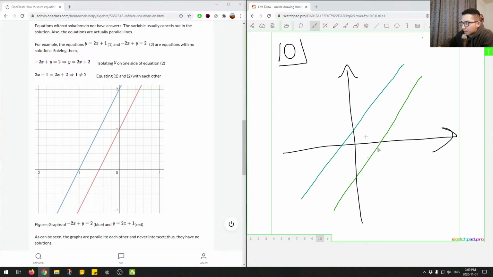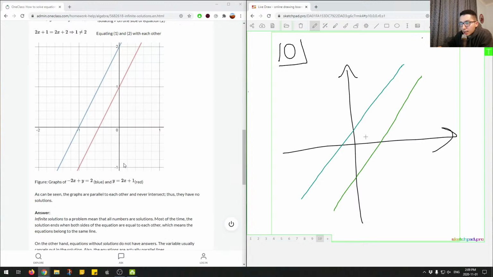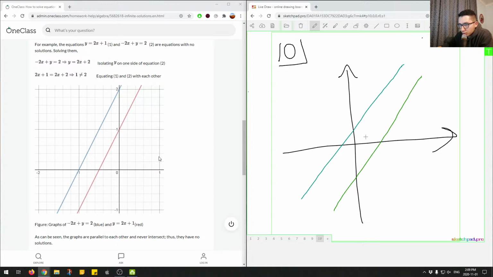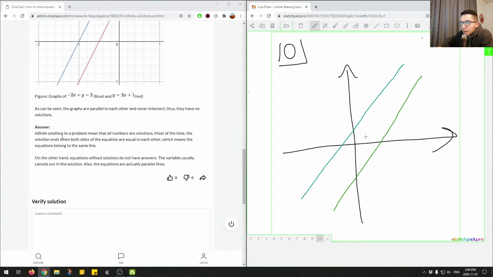I've drawn these a little off, but they are 100% parallel. If they were not parallel, they would cross each other at some point, and you'd end up with the second scenario, which is one solution. But we know that in the no solutions case, they are parallel, and therefore we end up with no solutions. The two lines don't cross each other. And that's kind of an explanation of what this means.